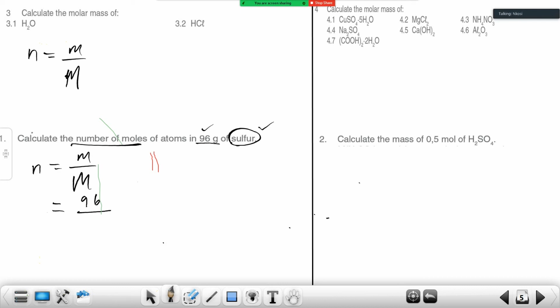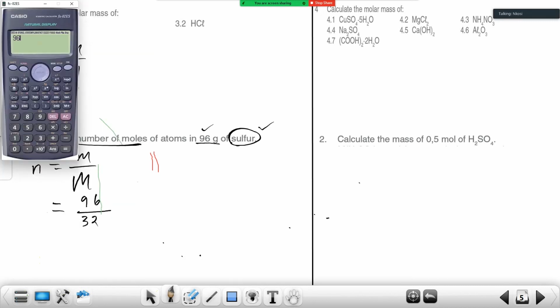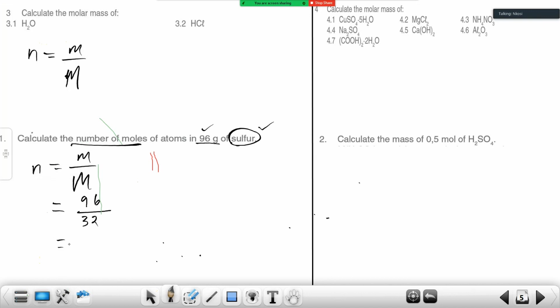Look into my periodic table and get now the molar mass of sulfur, which is now 32. Take my calculator and punch in 96 divided by 32 is equals to 3. So the correct answer here is 3 mole.